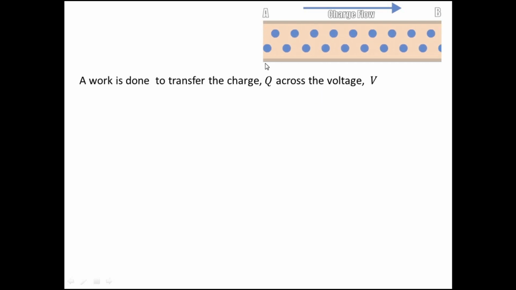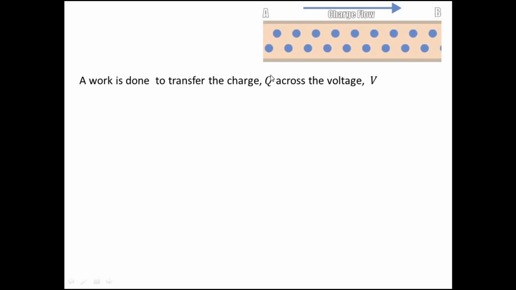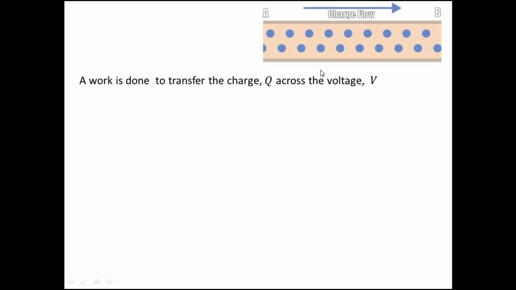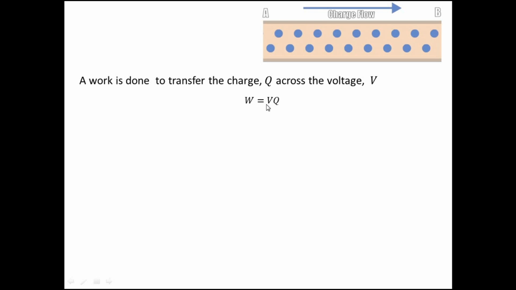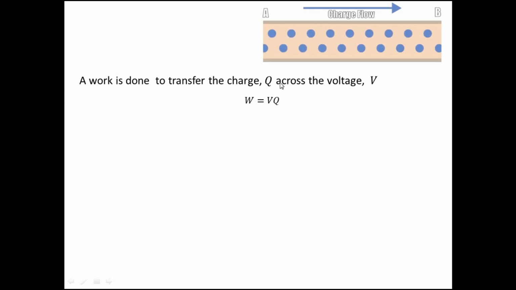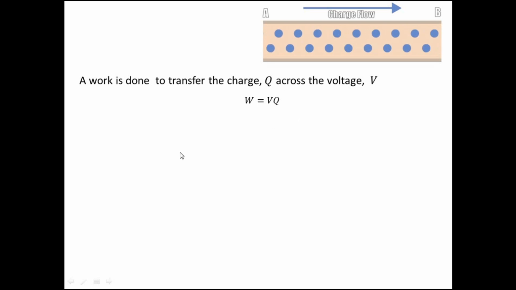Work will be done to transfer an amount of charge Q from A to B by withstanding the voltage V across it. And this work can be defined as W equal to V into Q, the product of this voltage and the charge.